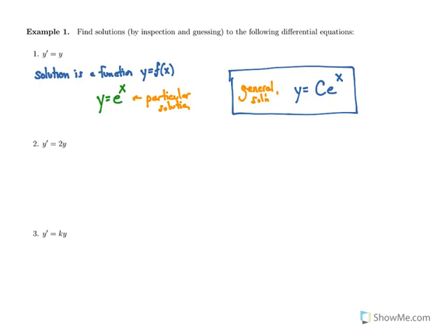So now let's look at something a little more complicated than that, and that is y prime equals 2y. Let's talk about what the solution is going to be there. The thing to take away from this is that it's going to look something like e to the x.